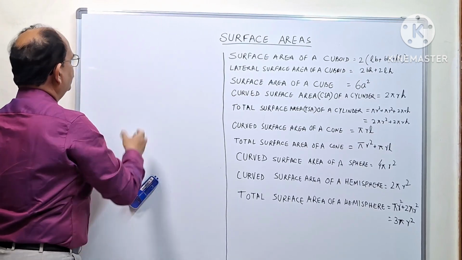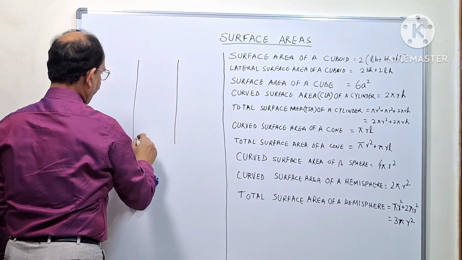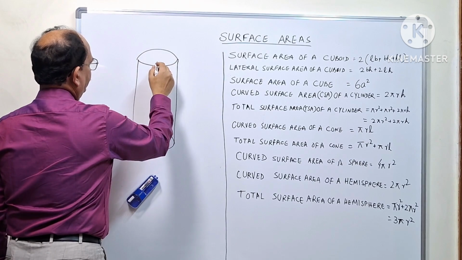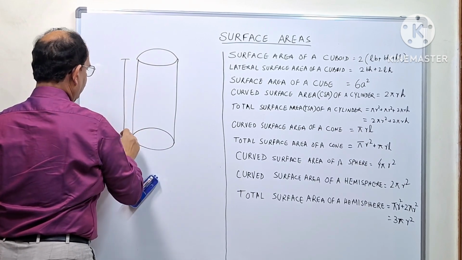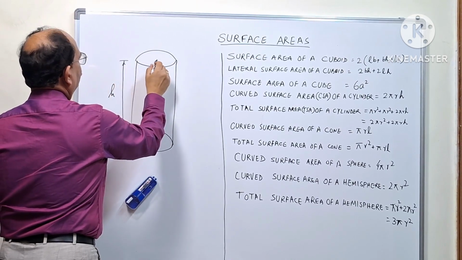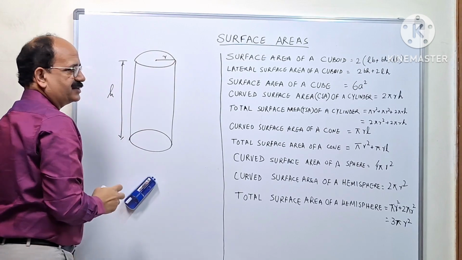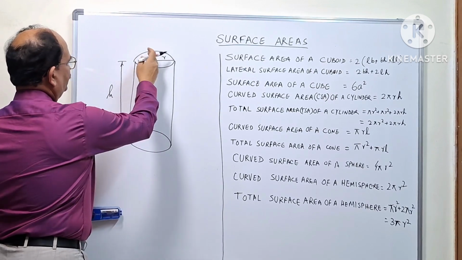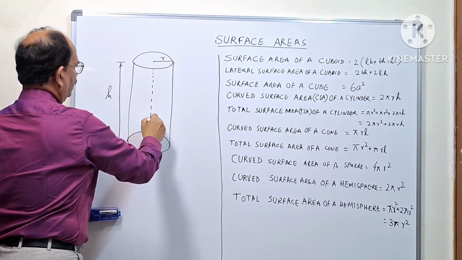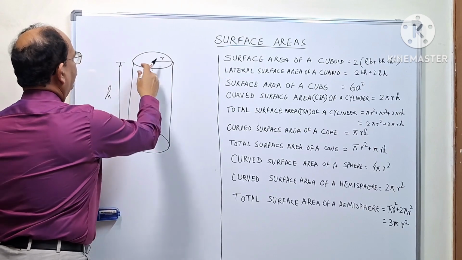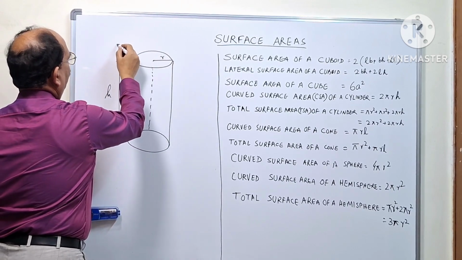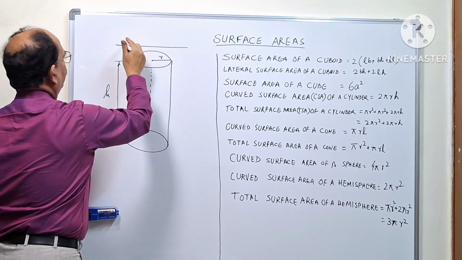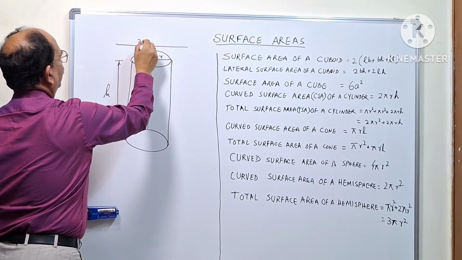Let's come to the cylinder. The cylinder shape is like this. The base is circular, the top is circular, this is the height of the cylinder, and this is the radius of the circular base. For finding the surface area, if you mentally cut open the cylinder and expand it, the entire circumference will open up and this length will be 2 pi r.